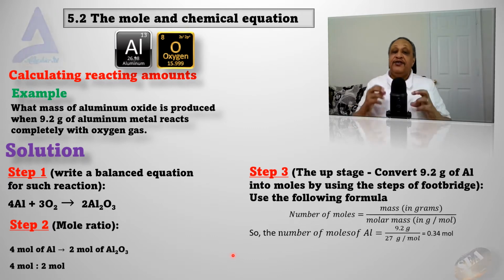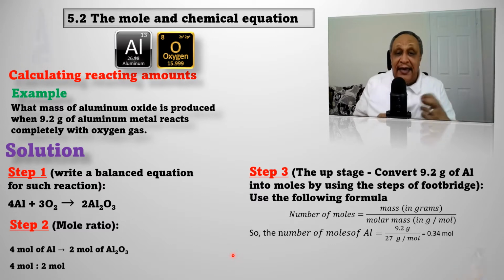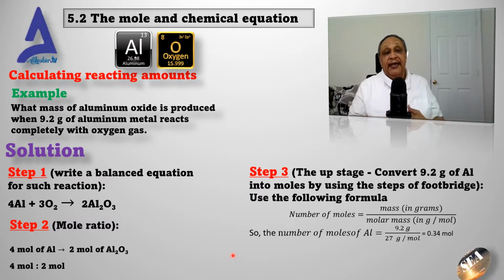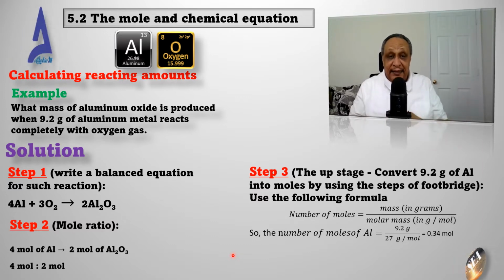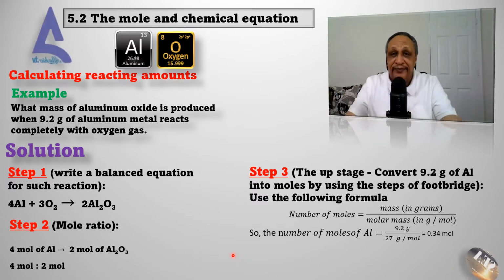So now I have determined the number of moles of the amount that has been given to me in the problem. Let us move and see stage 4, 5, and 6.